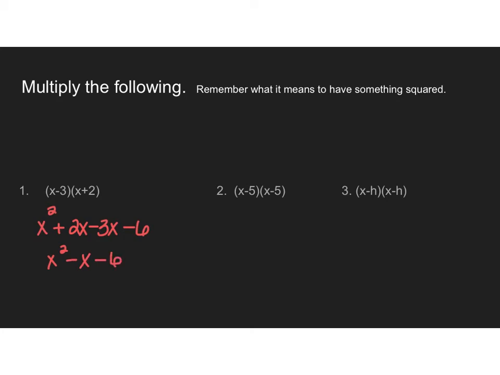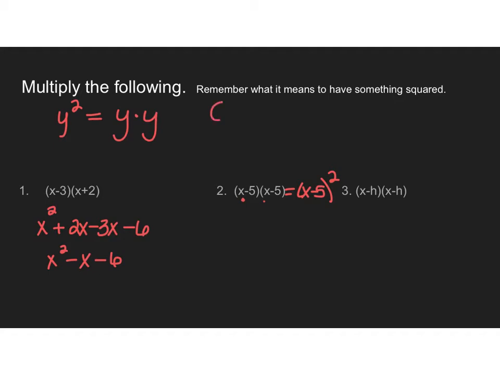and then combine our 2 middle terms so that we get a quadratic. Now, I put x minus 5 on there twice, but how you will normally see this is x minus 5 squared. Remember that if something is squared, it means there's 2 of them. Y squared means y times y.